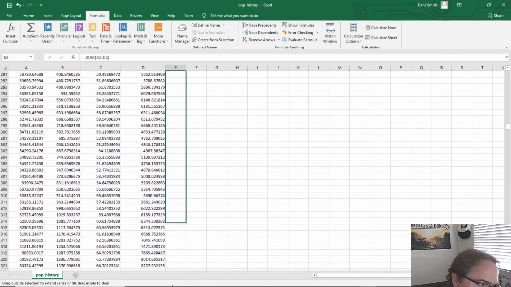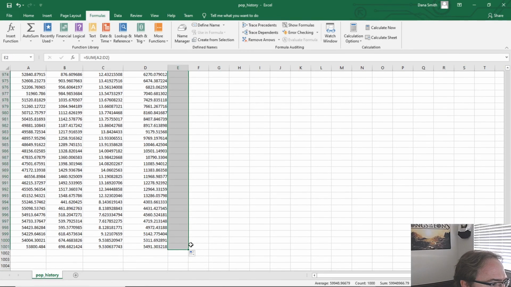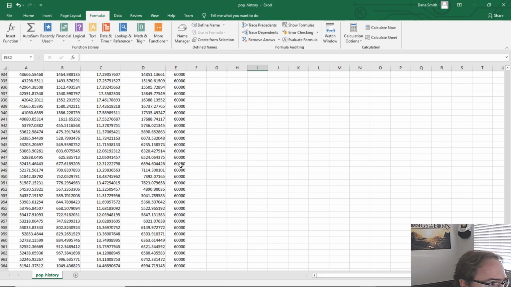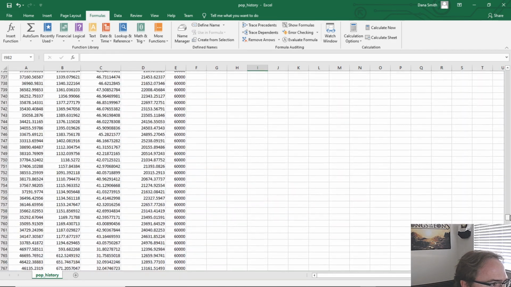Let's see if we get to complete land cover. Yes, we do. In fact, holy moly.